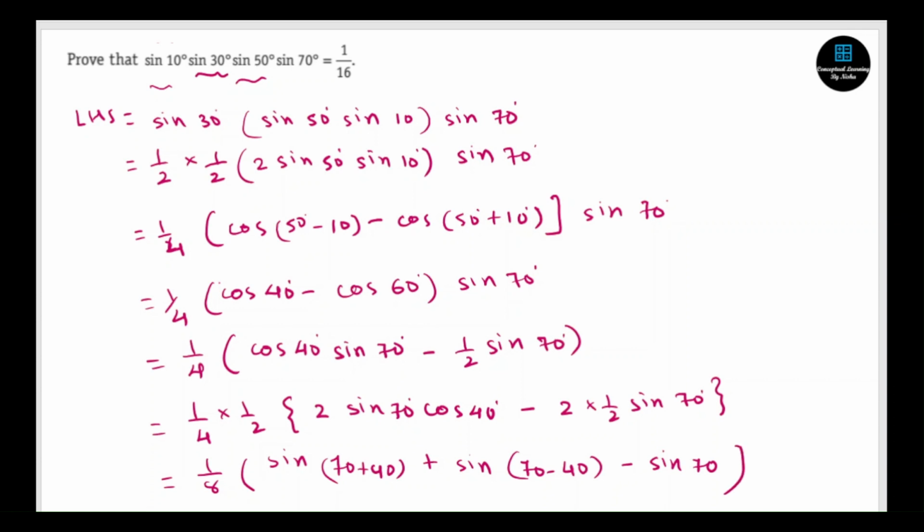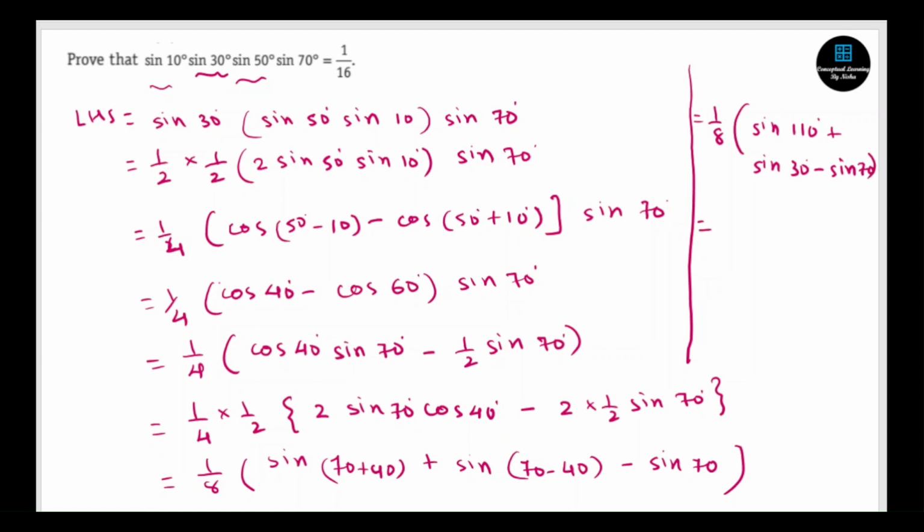Right? Now when I simplify this, what do I get? 1/8 of, now this is sine 110 degree, right? Plus sine 30 minus sine 70, correct?